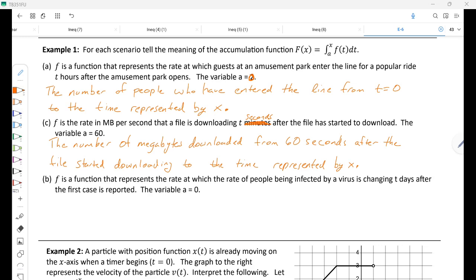Because that A is 60, if you said that this is the total number of megabytes downloaded by the time represented by X, you'd actually be incorrect because this is only telling us the extra megabytes downloaded after the first minute, right? To figure out the total amount of the file downloaded, you would need to know those first 60 seconds and add them back on. So, there are little details here that you've got to be careful with.